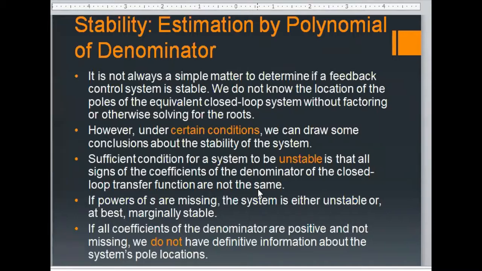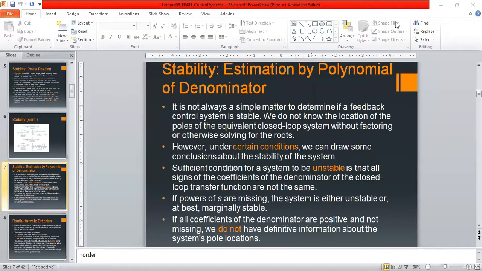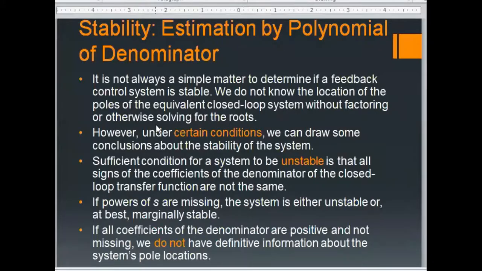The third thing is that if all the coefficients of the denominator are positive and none of the powers of s are missing, then we don't know whether it is stable, unstable, or marginally stable. So there are two things. If any coefficient of the closed loop transfer function denominator is negative, your system is definitely unstable.